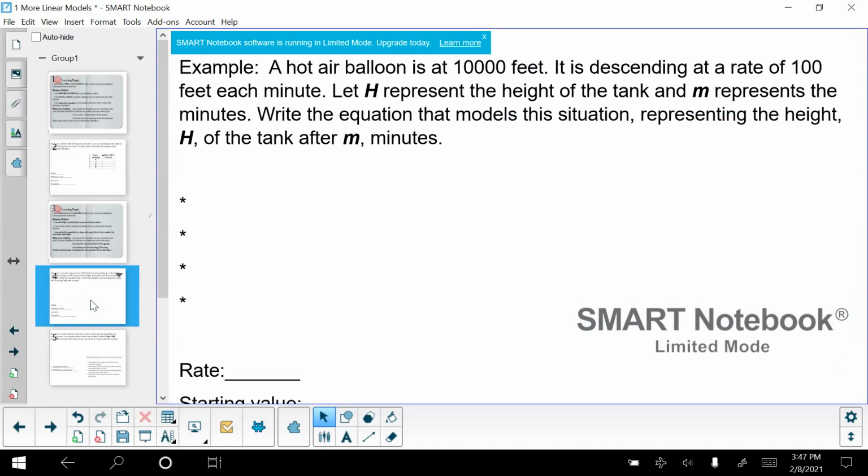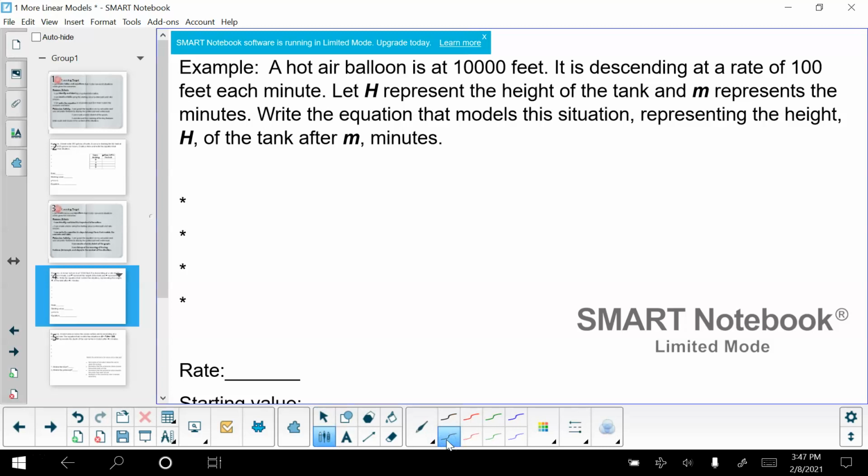So here's our example, and we're going to use the three reads again. The first read: a hot air balloon is at 10,000 feet. It is descending at a rate of 100 feet each minute. Let H represent the height of the tank. I'm sorry, I'm going to correct that.